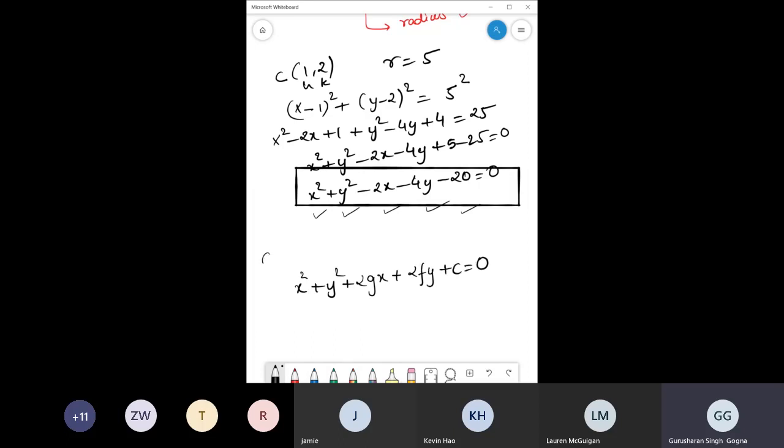This is the general form of the equation, which is in expanded form, which is looking like x square plus y square minus 2x minus 4y minus 20 equal to 0. This represents the equation of the circle.